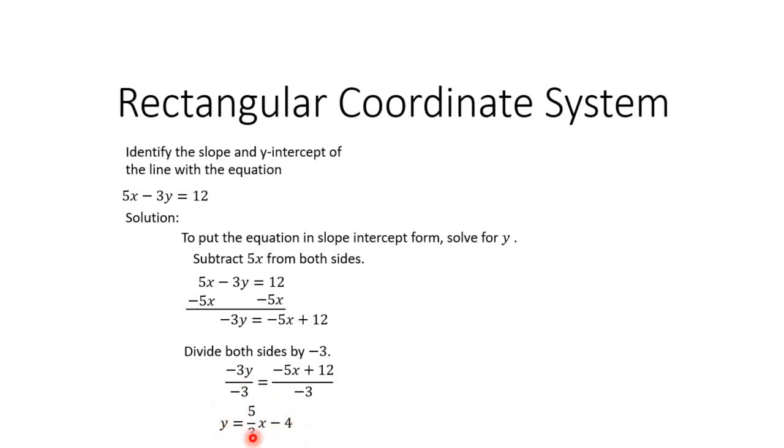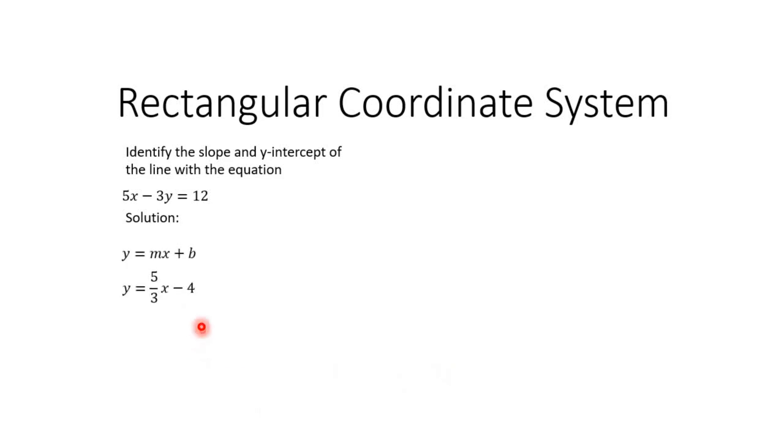This is slope-intercept form of this original equation. When it's in slope-intercept form, I can identify the slope and y-intercept. So y equals m times x plus b. M is the slope, 5/3, and b is the y-intercept. Well, b is actually the y value of the y-intercept.